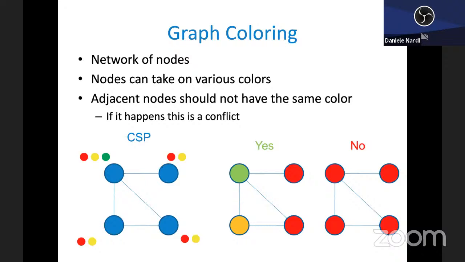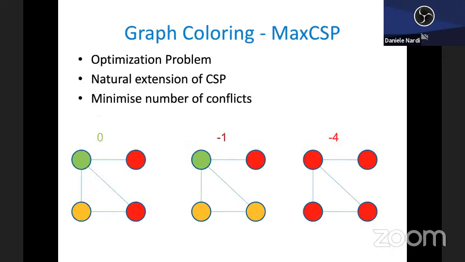It is easy to define a version of the problem which is best suited to the optimization problem by associating a -1 cost to each pair of constraints that are not satisfied in the final solution. So here you see one example where you have 0 because all the constraints are satisfied in the leftmost solution.